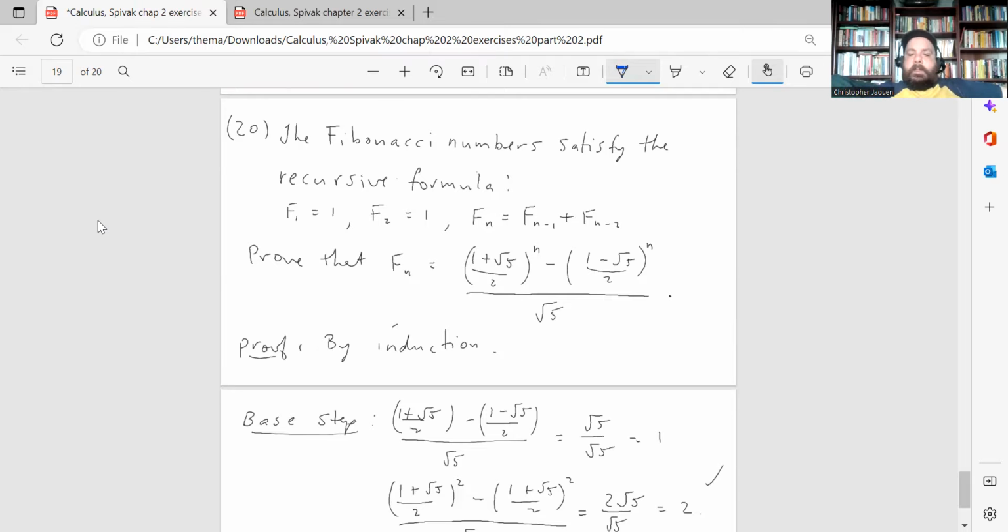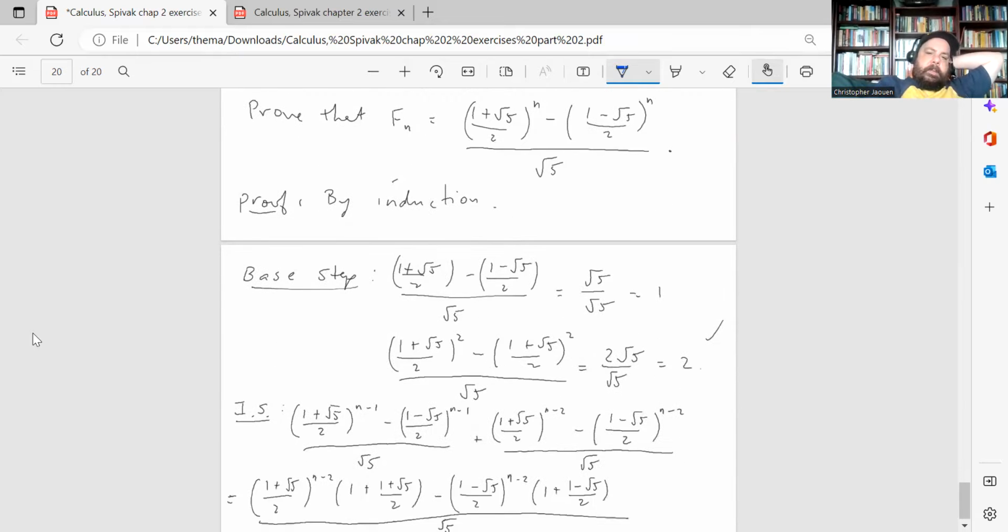And there is, believe it or not, a closed form formula for the nth Fibonacci number, which looks like this. Again, this is another famous proof that you would look at in a proof class or something. So again, it's done by induction.